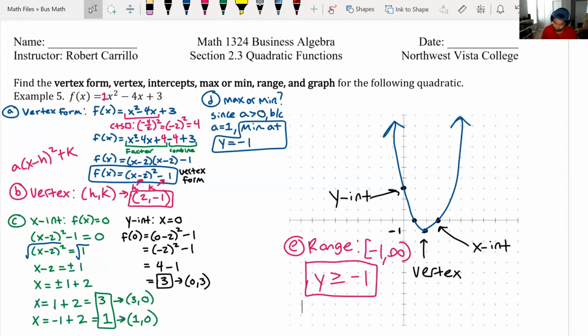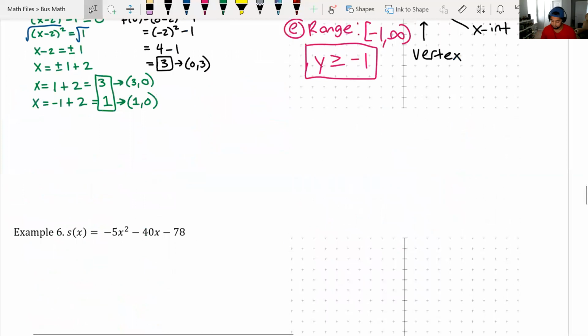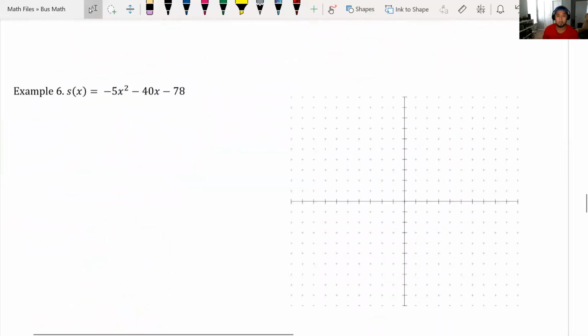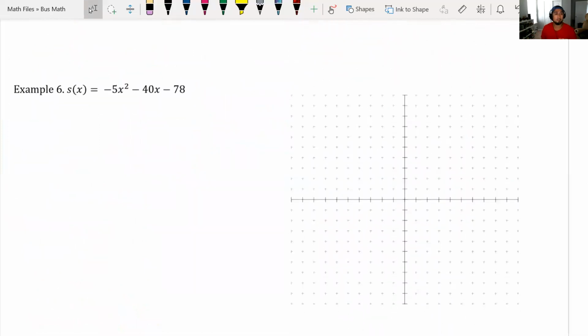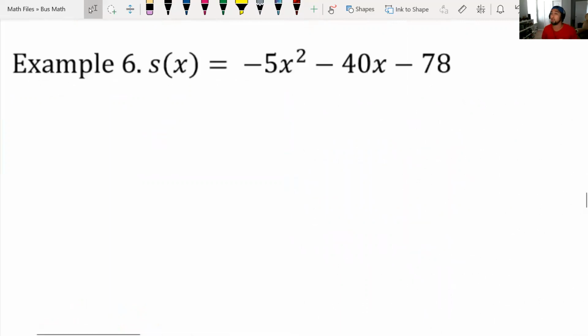Again. Six. S of x equals -5x squared minus 40x minus 78. Let's do it all over again. This one looks like it's gonna be ugly.